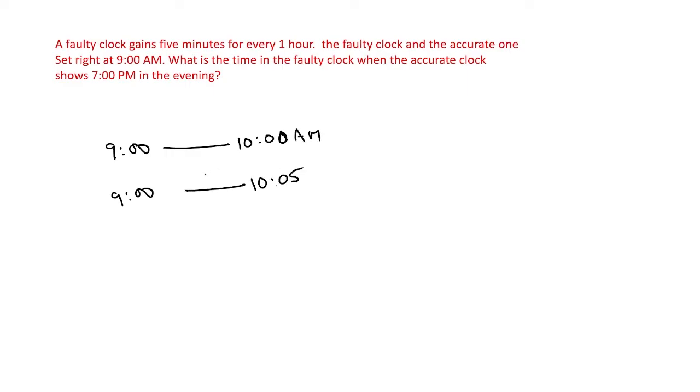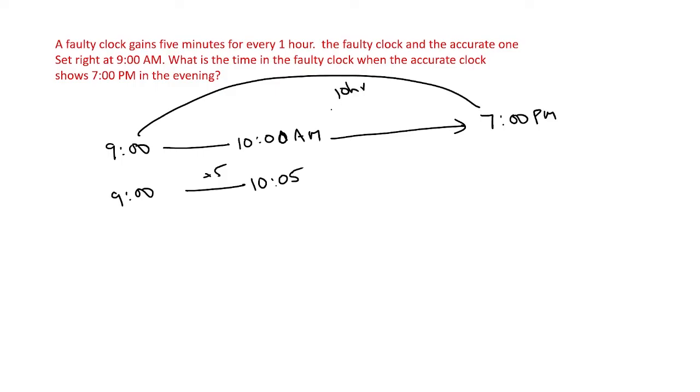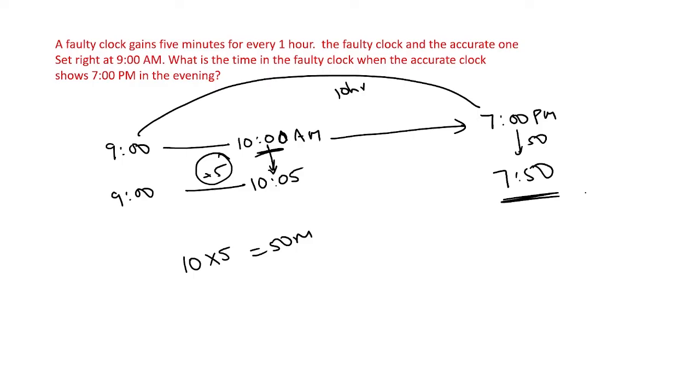That means it is going to gain 5 minutes for every 1 hour. Now, the original one is showing 7 p.m., so there is a time gap of 10 hours. For every 1 hour, it gains 5 minutes, so in 10 hours it should have gained 50 minutes.